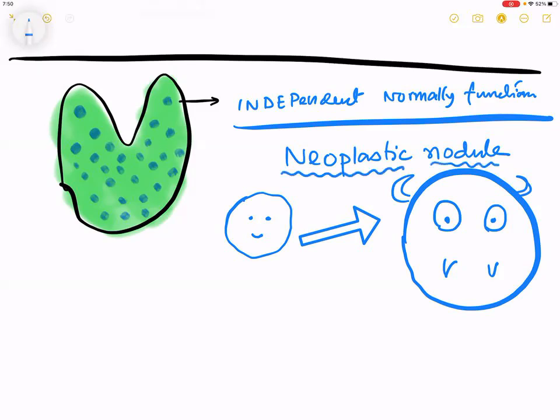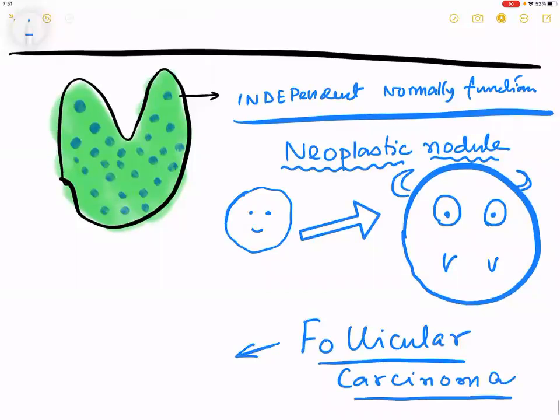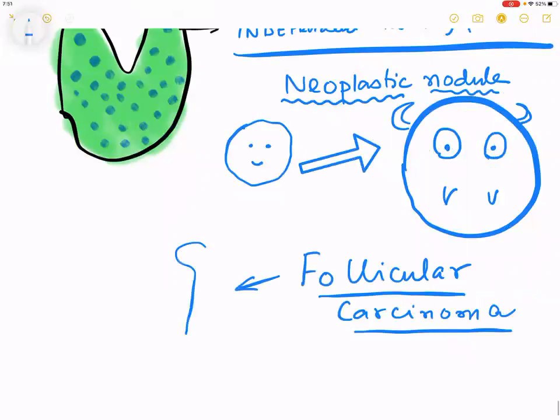So tell me, if it is from a follicular cell, what is the pathology then called? Follicular carcinoma. Very good. And follicular carcinomas are known to go to which distant site? Bones. Particularly the skull bones.